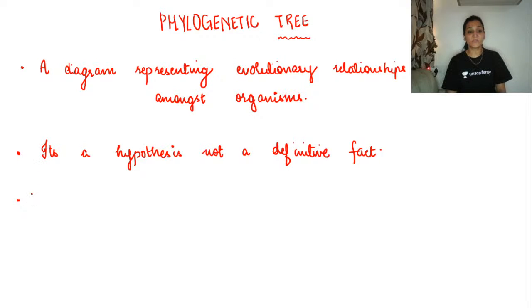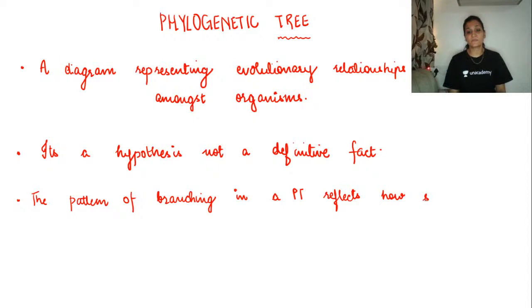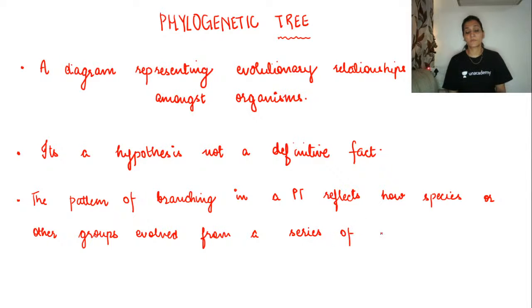So the pattern of branching in a phylogenetic tree reflects how species or other groups evolved from a series of common ancestors.